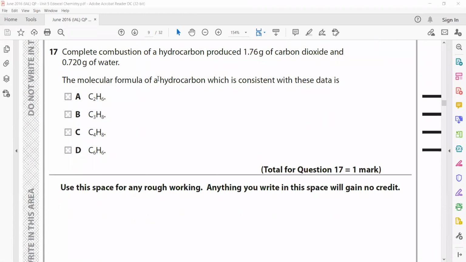Question 17. Complete combustion of a hydrocarbon gives 1.76 grams of carbon dioxide and 0.72 grams of water. What is the molecular formula which is consistent with this? So how can we work it out? It is giving 1.76 grams of carbon dioxide.